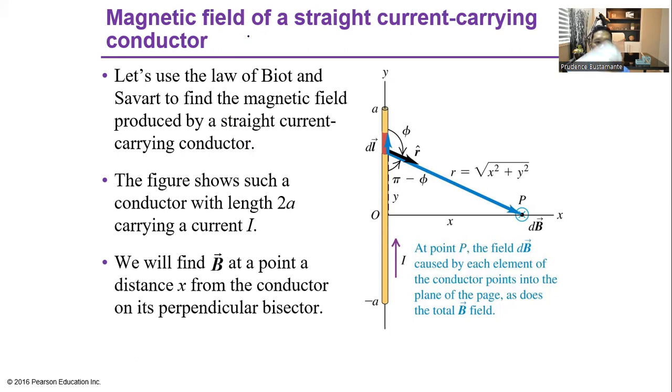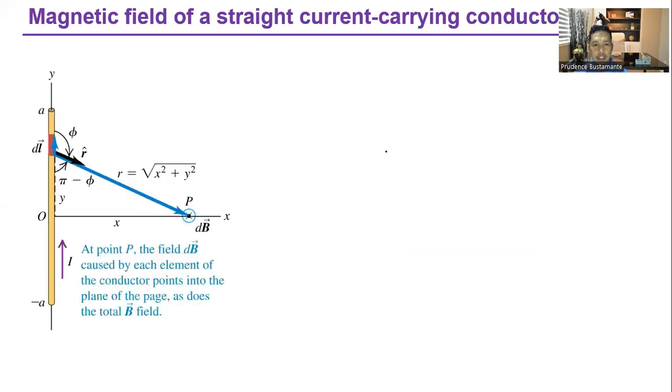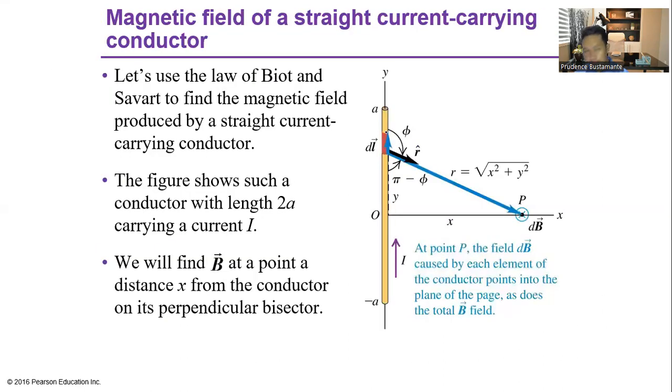Okay, so let's try to answer this one. This is our straight current carrying conductor. We will choose a segment dl in this direction, and this is at point P. This is our dB.